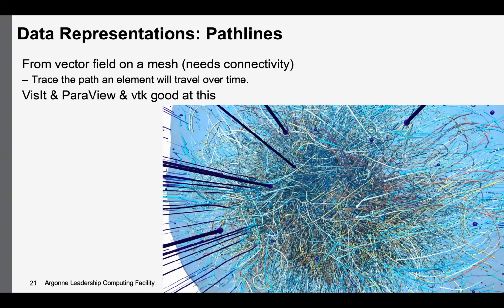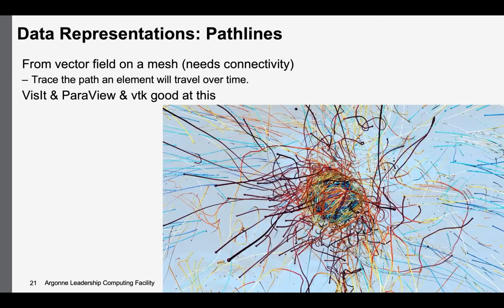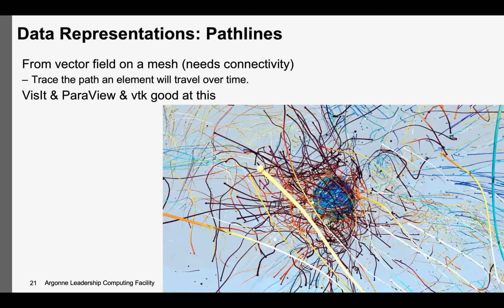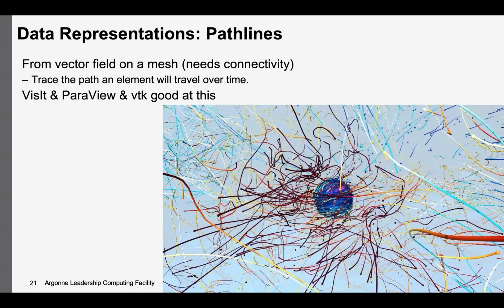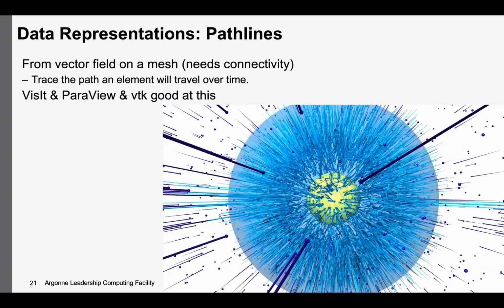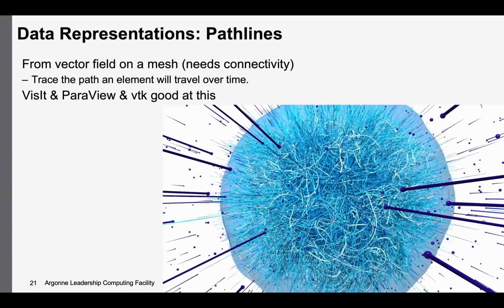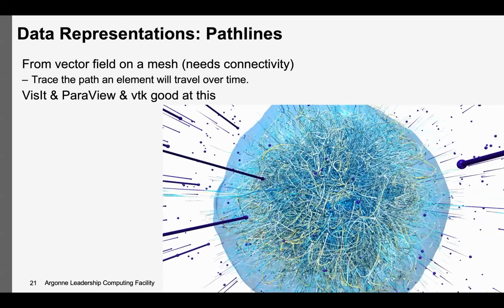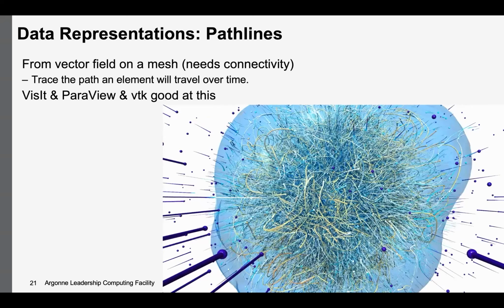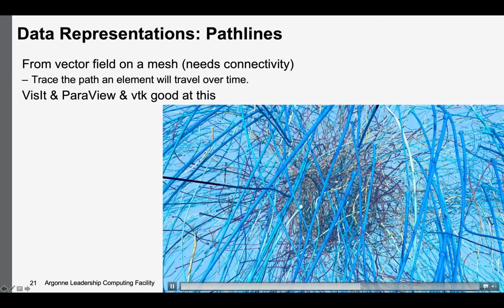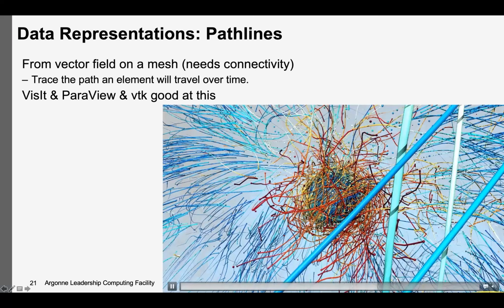So instead of tracing the path within that single time step, you take a particle, advect it to the next position on the mesh, and then look at that position in the next time step, and then repeat that process. And here we're showing the particles as they move through the domain, and we're drawing little trails that show the path that they've taken over the past n number of time steps.